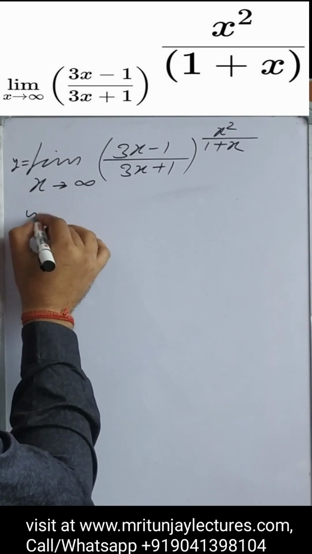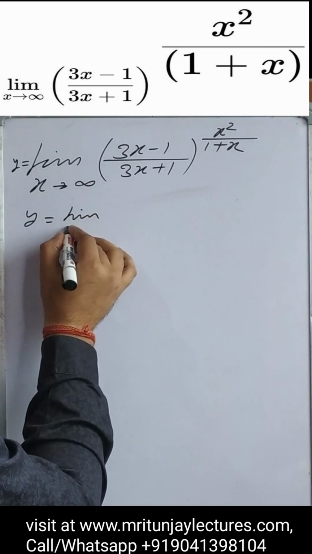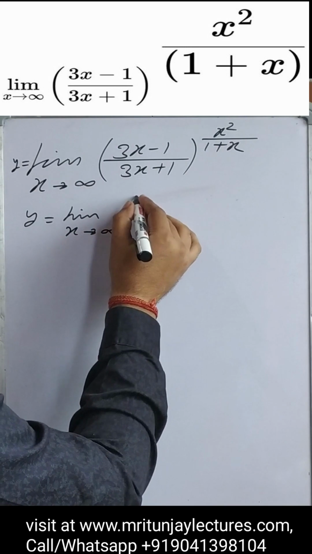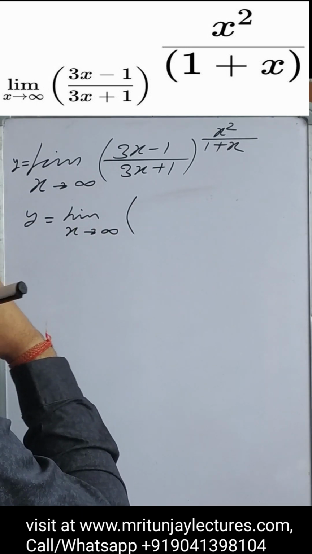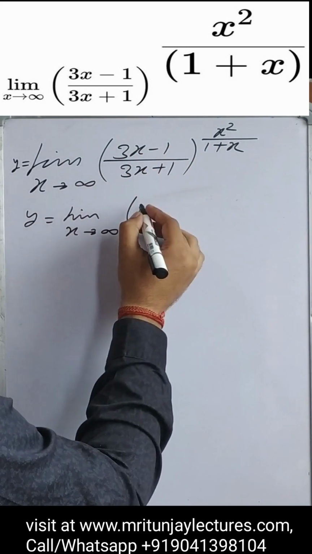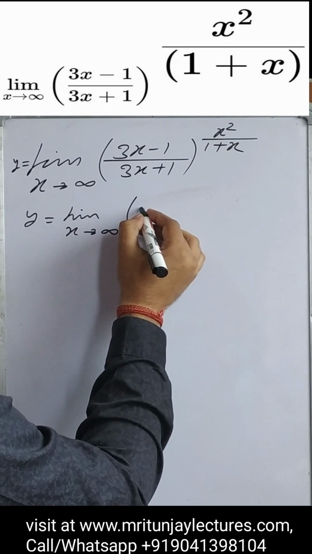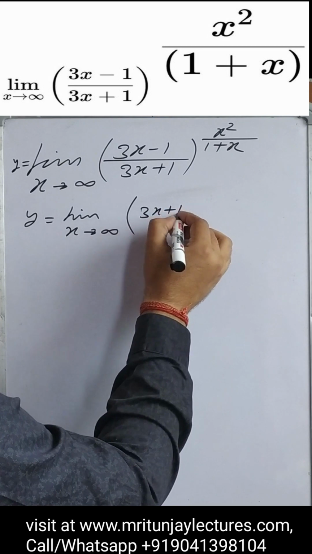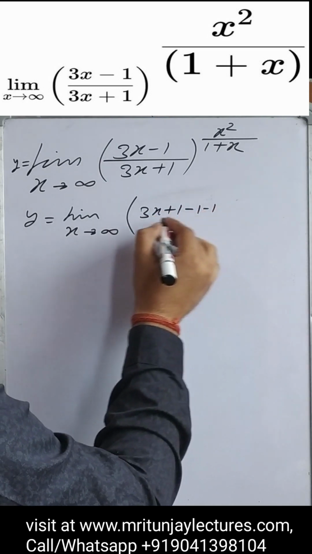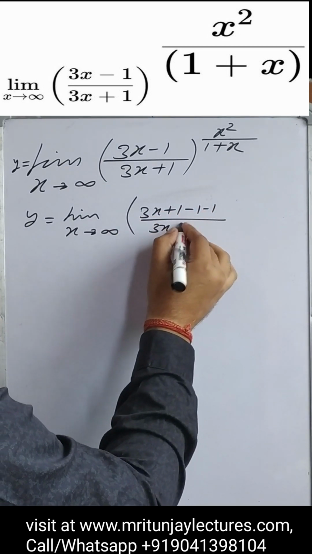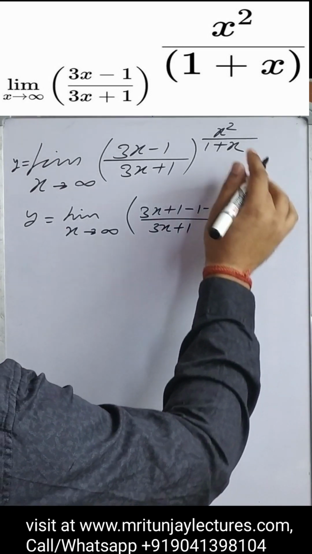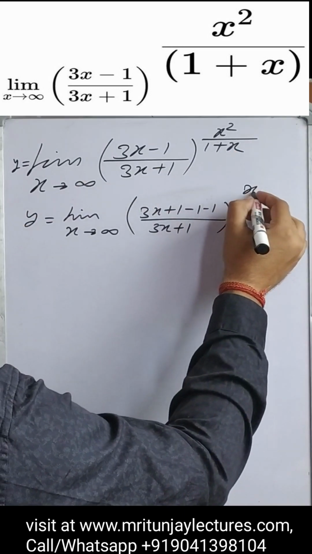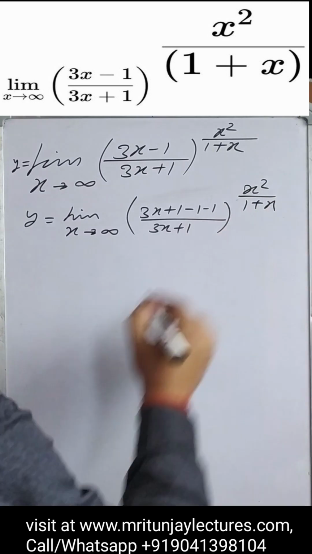First of all, if you see very carefully, limit x tends to infinity. This one is written as (3x plus 1 minus 2) divided by (3x plus 1), whole power x square by (1 plus x).